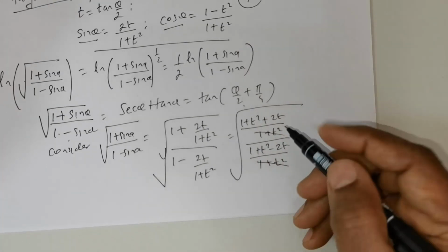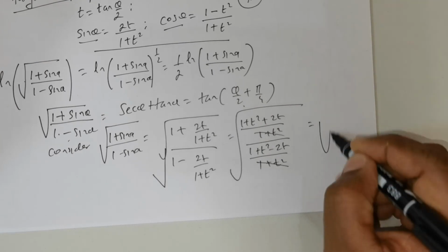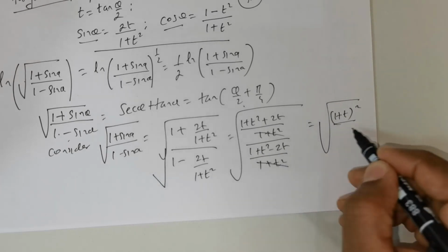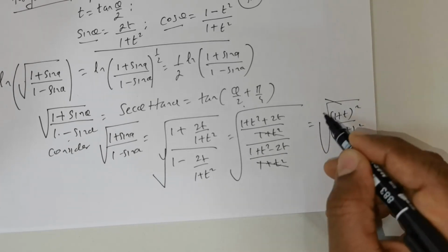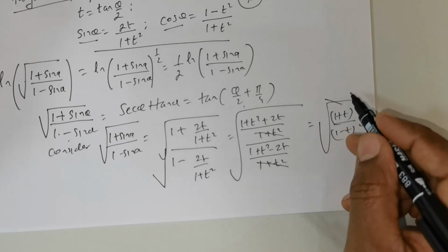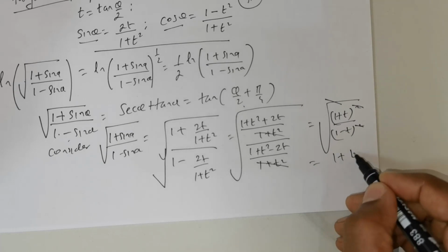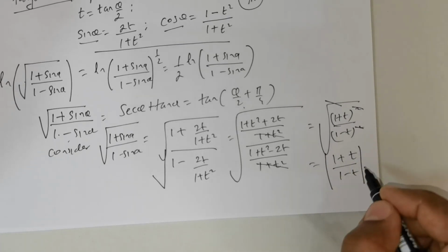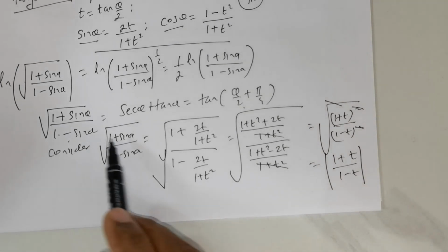So these two terms get cancelled. Now this is equal to the root of, what is this? This is (1 plus t) raised to the power of 2, and this is (1 minus t) raised to the power of 2. Now the square root sign and the square get cancelled, giving me (1 plus t) divided by (1 minus t). It's better to put them in the modulus sign. So this is what I get for this.